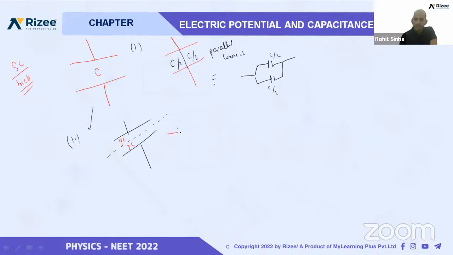Their equivalent will be C, and here also the equivalent will be C. Any problem in the shortcut? Remember this, none of your questions of this type will be left.